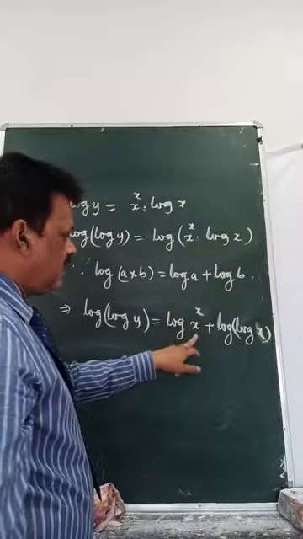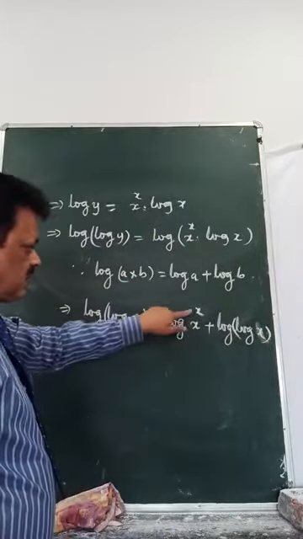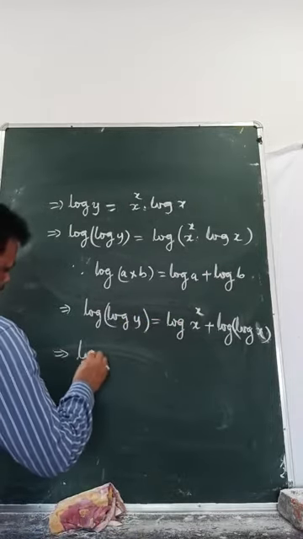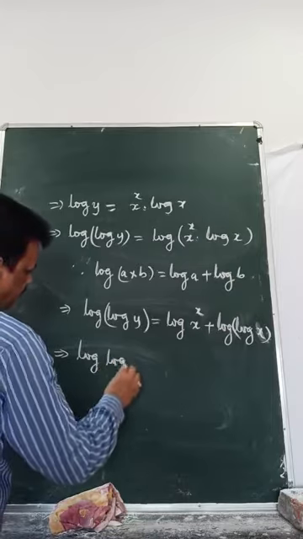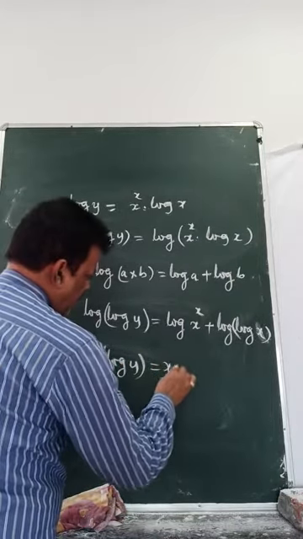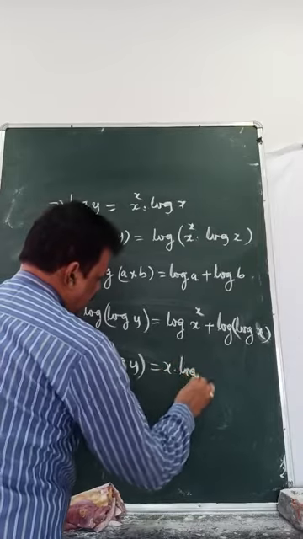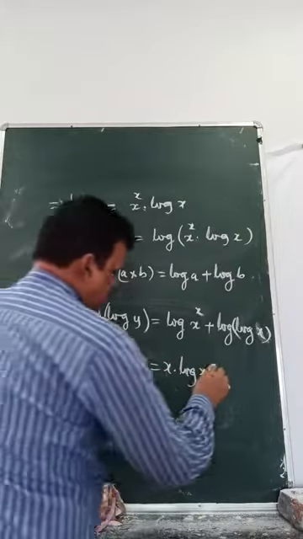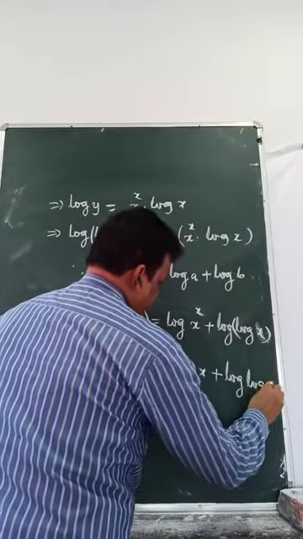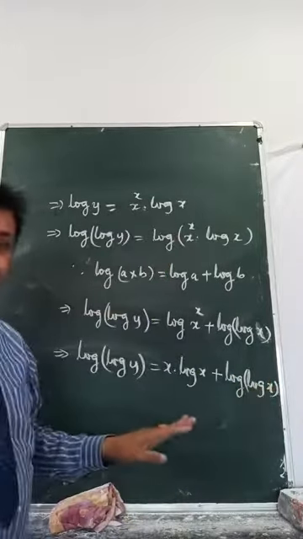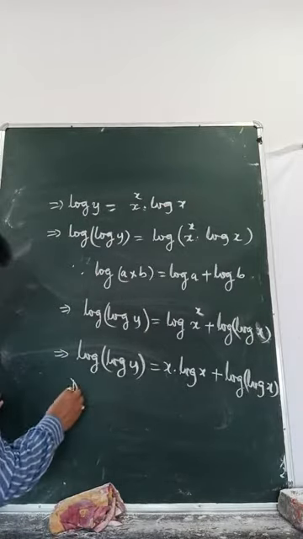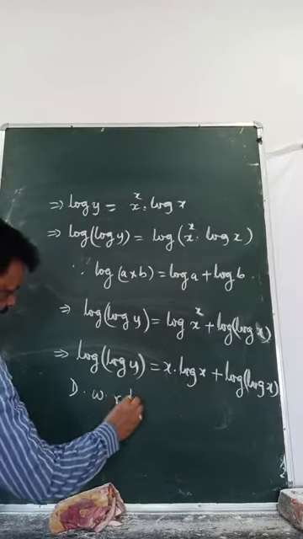So log a plus log b. Again this power will come here. This implies log of log y equals x log x plus log of log x. Okay, now differentiate with respect to x.